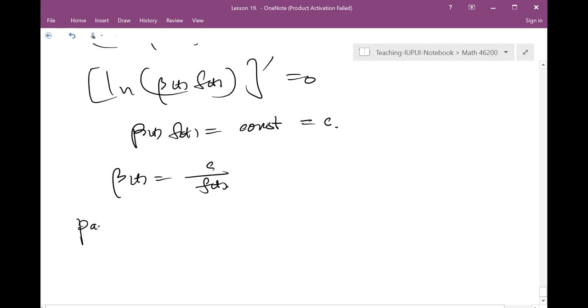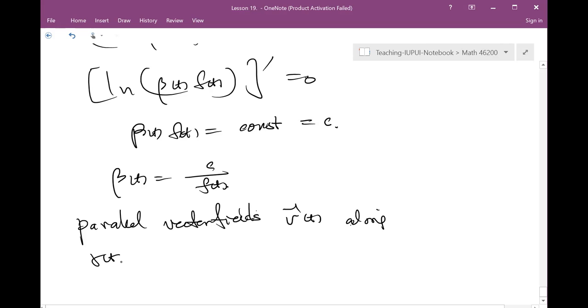So the parallel vector field along gamma t, which is already given by sigma and the t.